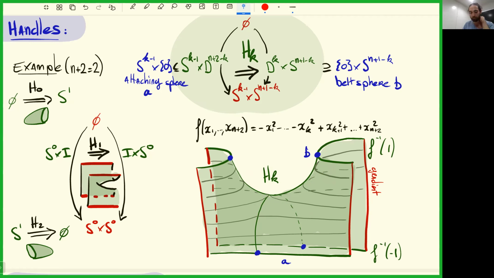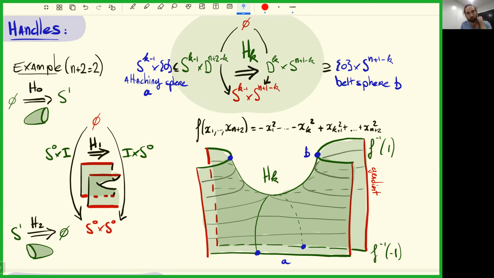And this we want to think of as a cobordism going from the preimage of -1 to the preimage of +1. My function is really drawing my cobordism, and I can see the top part and the bottom part just from my Morse function.